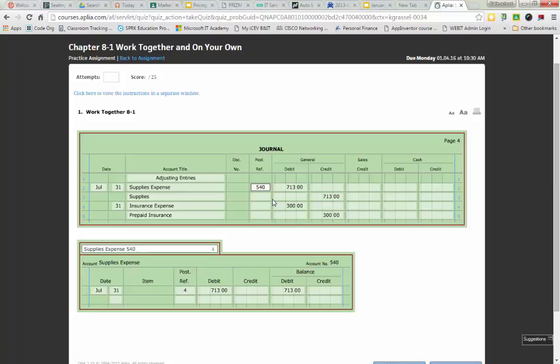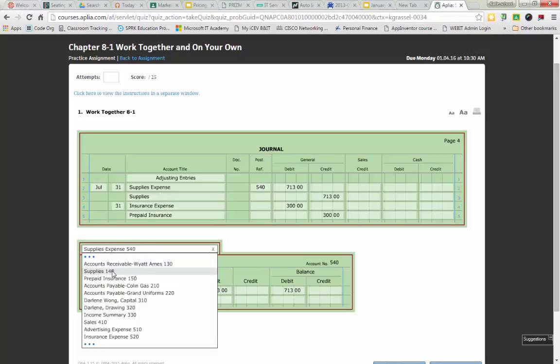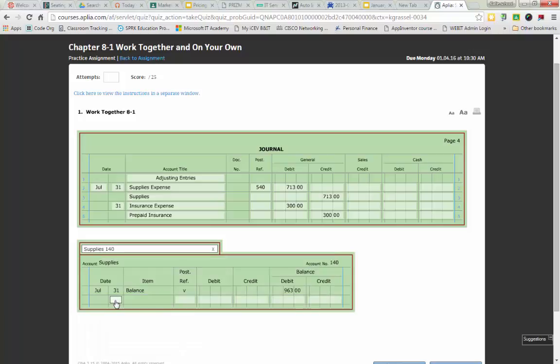Posting is not new, so I'm going a little bit fast. That's not right there, Evan. So I post it to supplies expense. The last thing I do, I have my debit of 713. I put account number 540 back up here. Now I have to go to supplies. The date is the 31st. Post reference is 4.